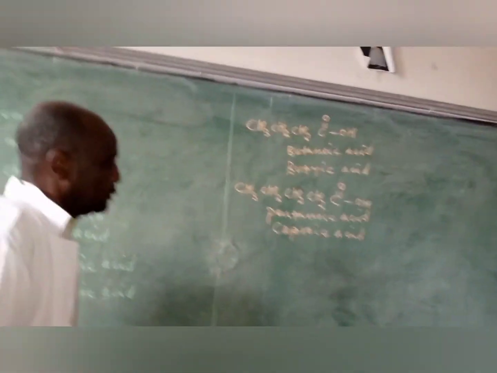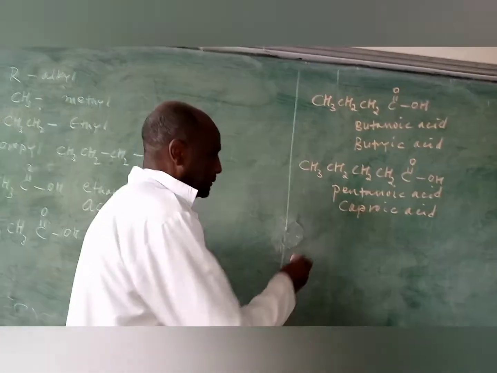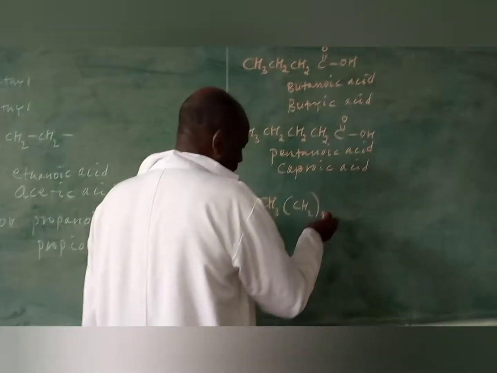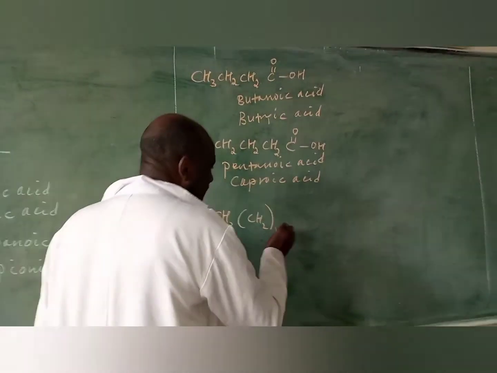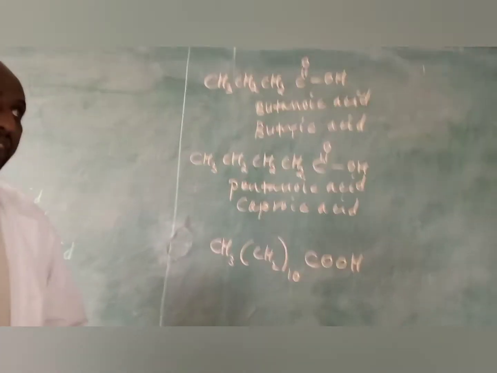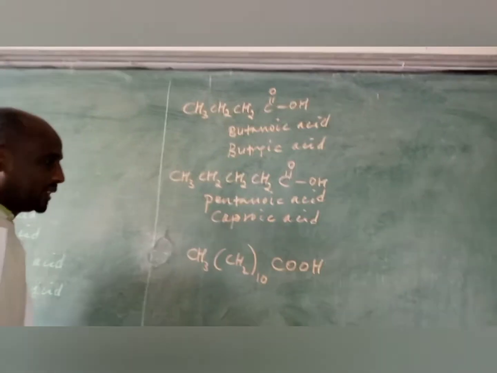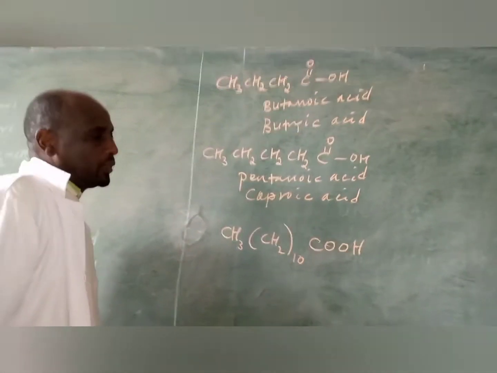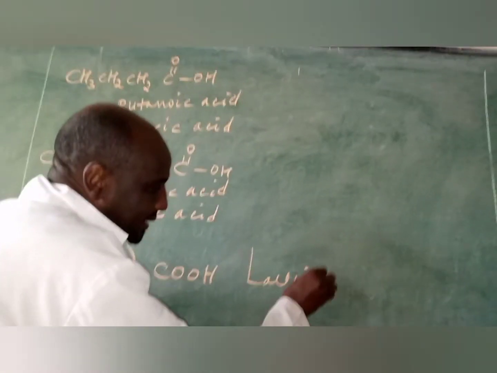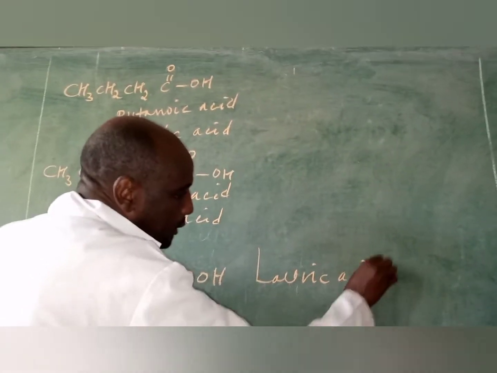Even we have acids with a large number of carbons, for example CH3 with CH2 and 10 carbons here. This is known as lauric acid, the long chain.